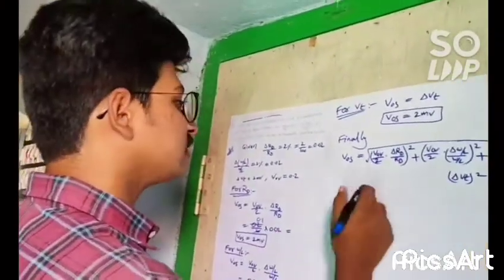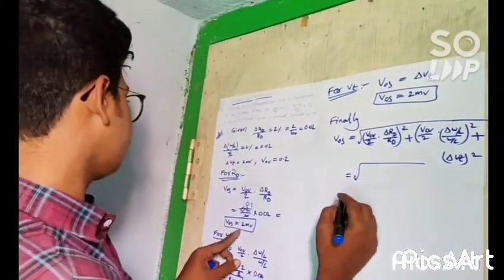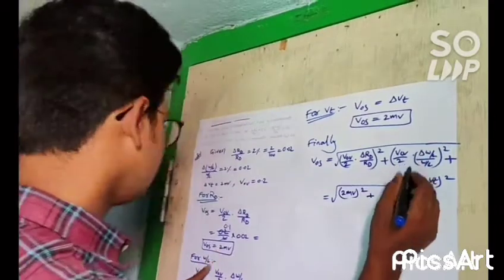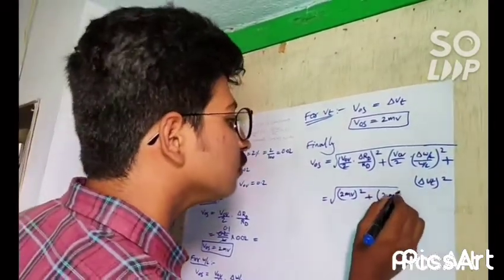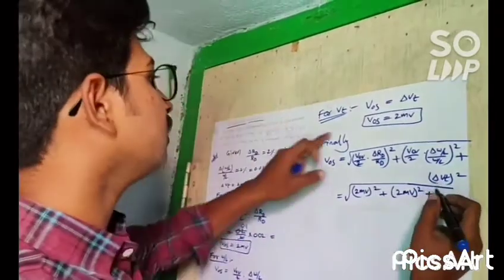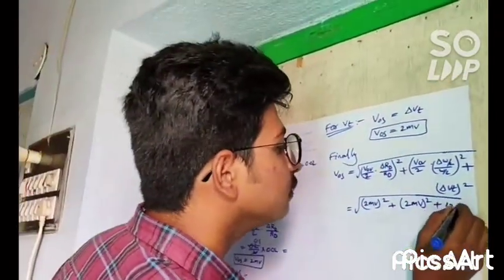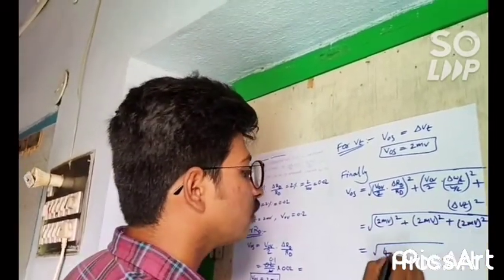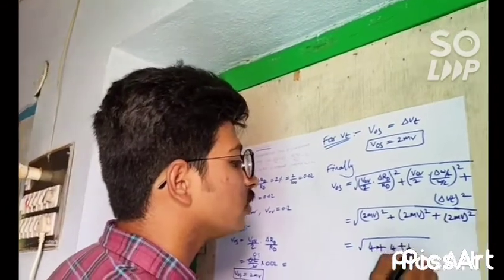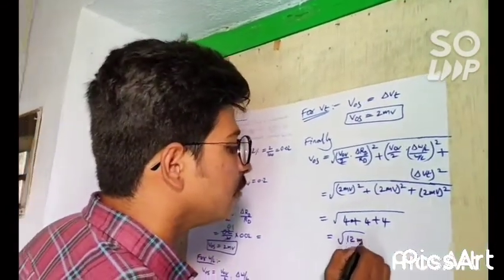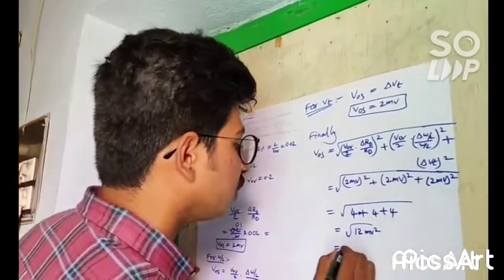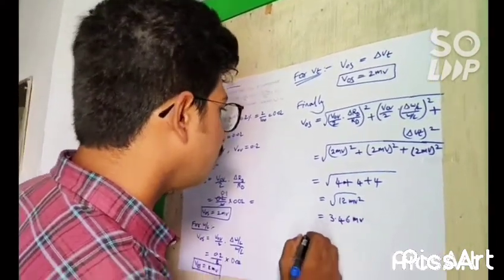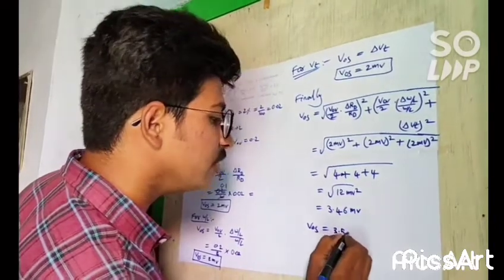Now substitute these values. Here VOS for RD is 2 millivolts whole square plus next same 2 millivolts whole square plus delta VT VOS is 2 millivolts. Now by calculating, 4 plus 4 plus 4, that is root 12 millivolts square, that is approximately 3.46 millivolts. Approximately the VOS is 3.5 millivolts.